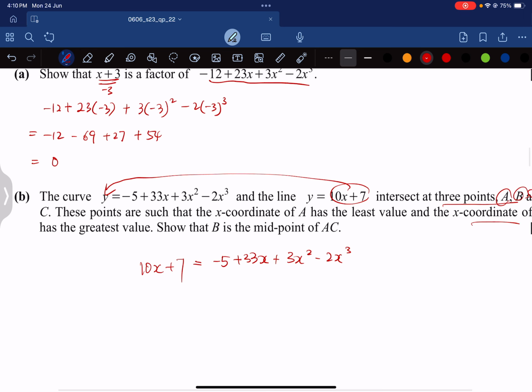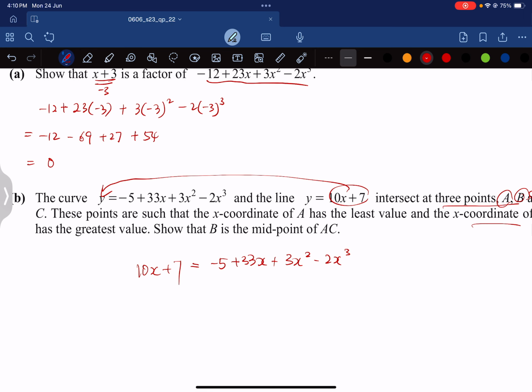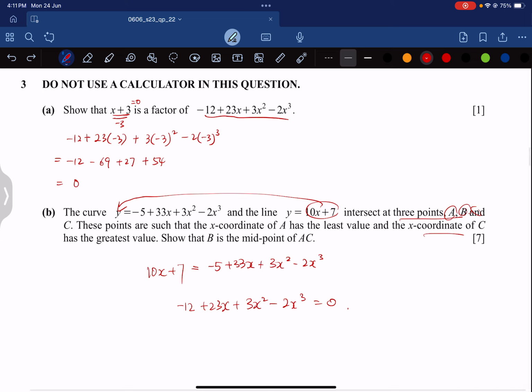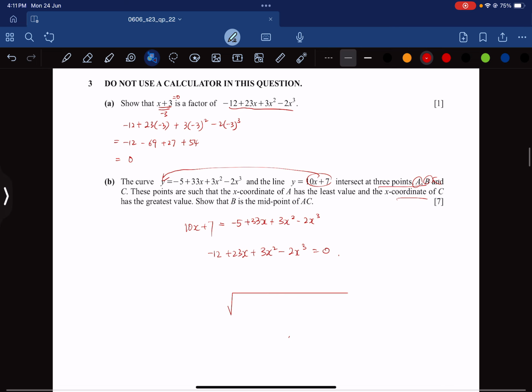So we have negative 12 after moving, and minus 10, so it's plus 23x plus 3x squared minus 2x cubed equals 0. And this is already giving us a hint that this has an x plus 3 factor.